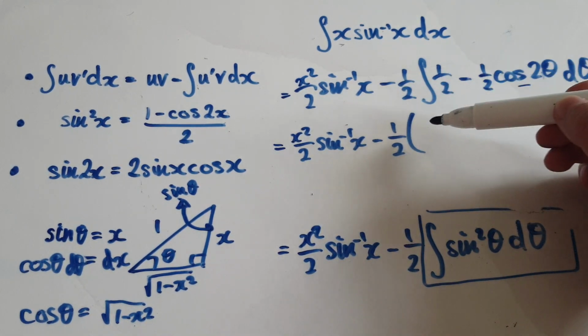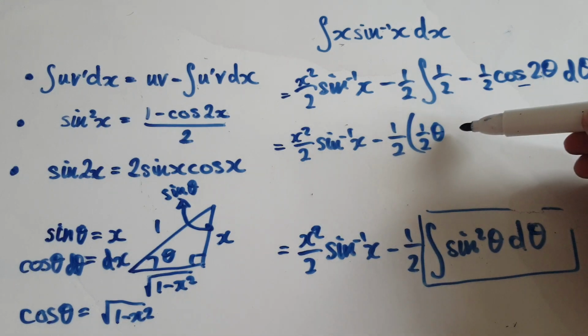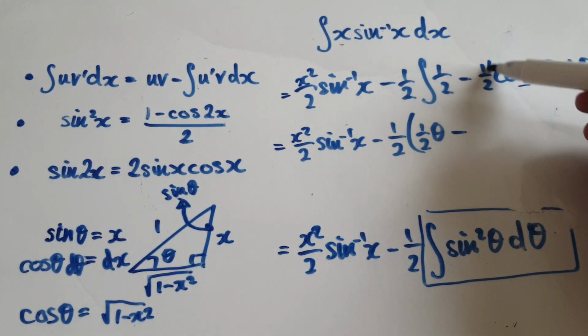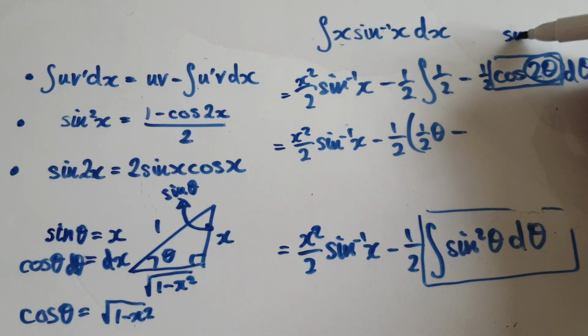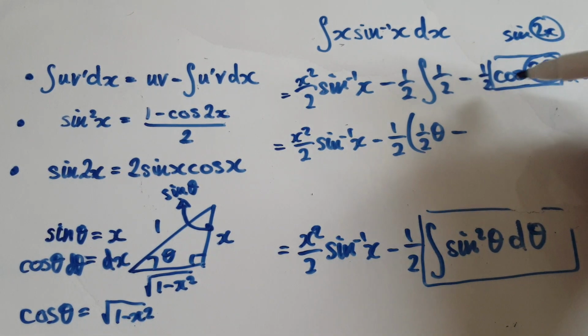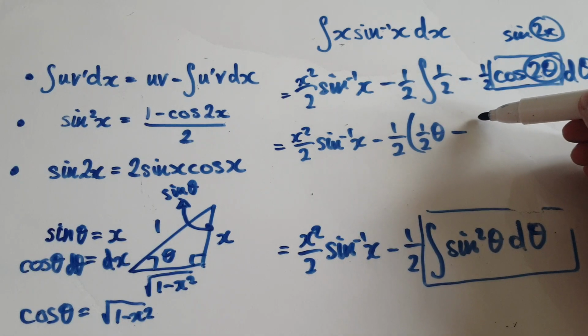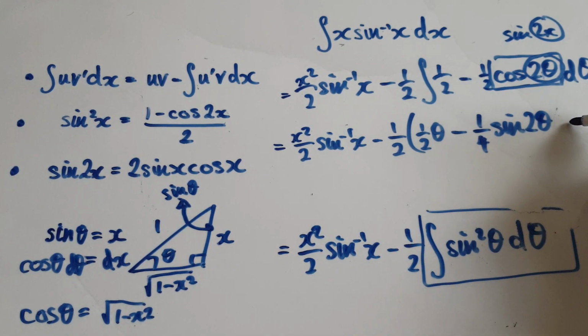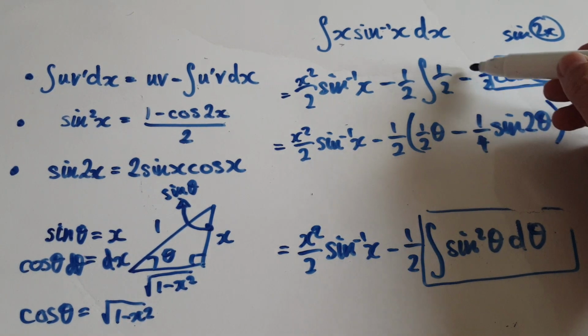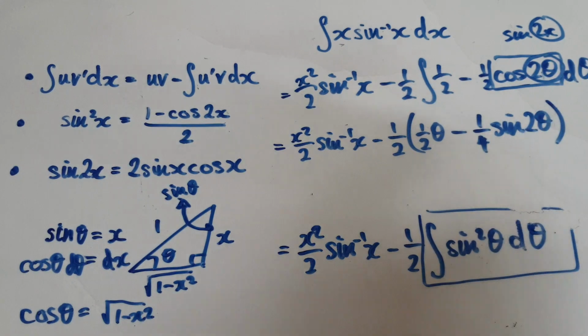When you integrate this, it would be a half theta minus, and when you integrate the cosine term, it turns out to be a quarter sine 2 theta. I'm expecting you to know how to integrate this. We've done this many times. So that would give us this thing here.